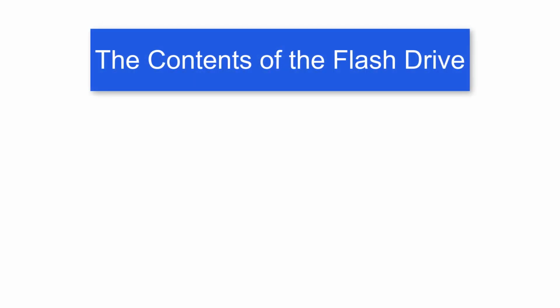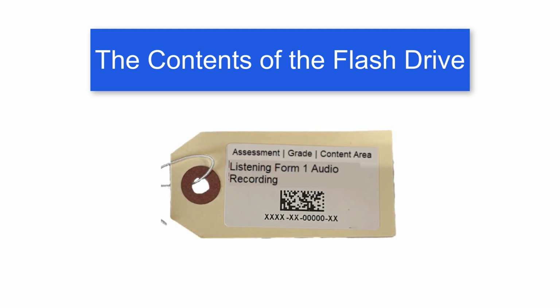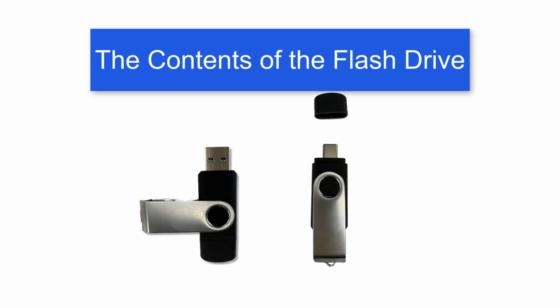Now, let's talk about how to use and navigate the contents of the flash drive. First, make sure the flash drive contains the correct content for the assessment being administered. Next, insert either end of the flash drive into its corresponding port on your device.